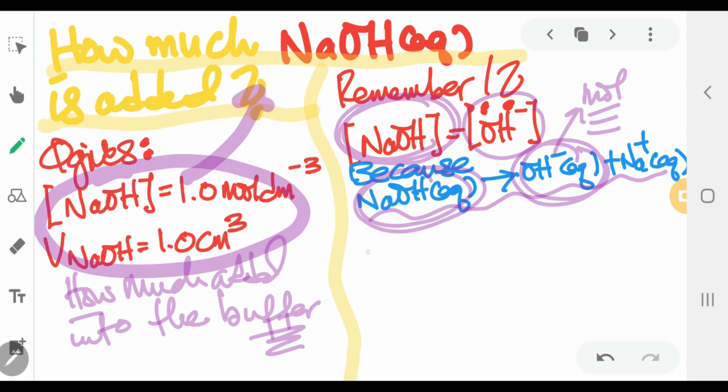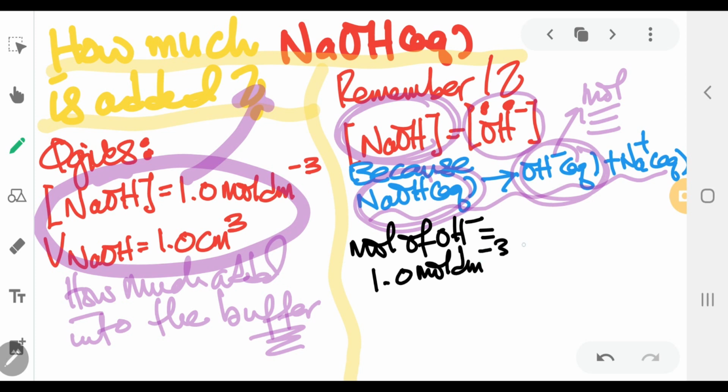So we want to find mole of OH minus. So how do we do that? We're going to take the molarity, 1.0 mole per decimeter cubic times 1.0 over 1000 decimeter cubic.